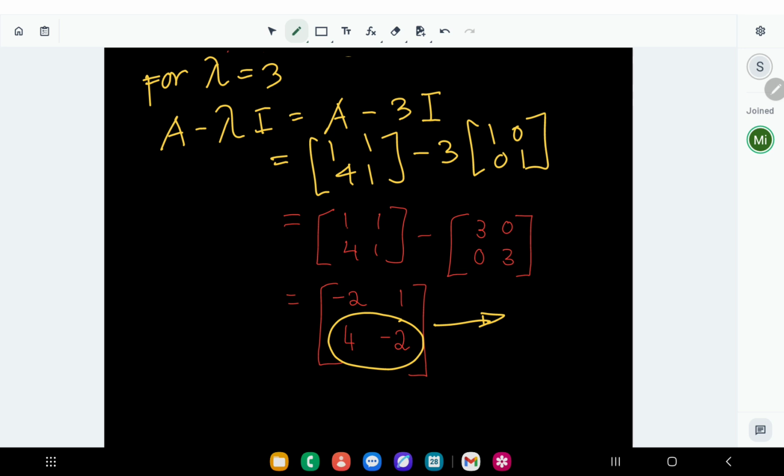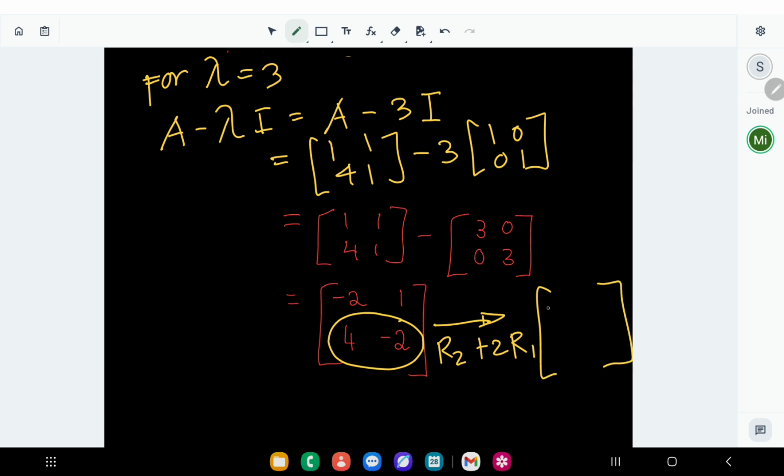So 4 would be 0. Maybe we can do R2 plus 2 times R1. So what will be the result for that?